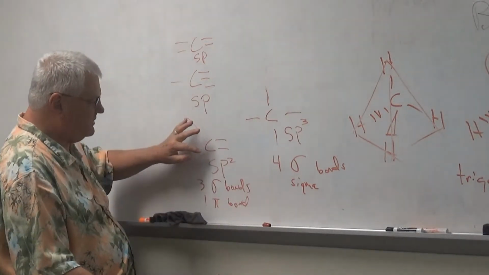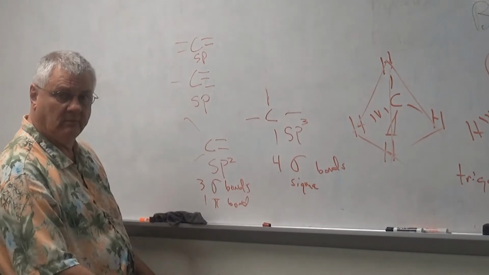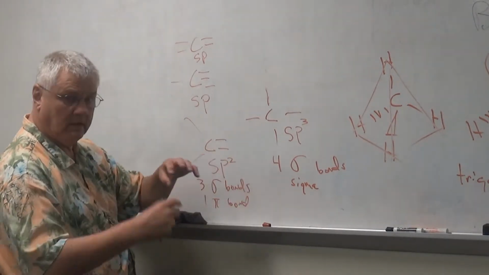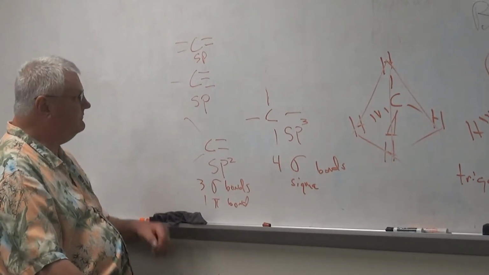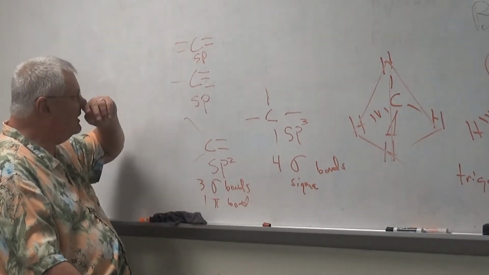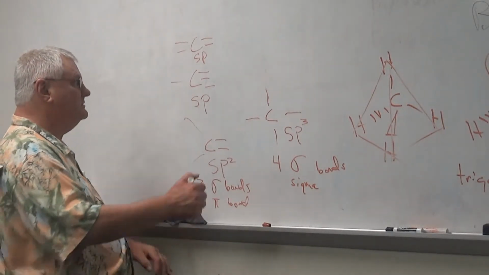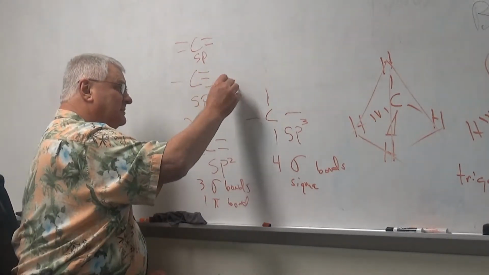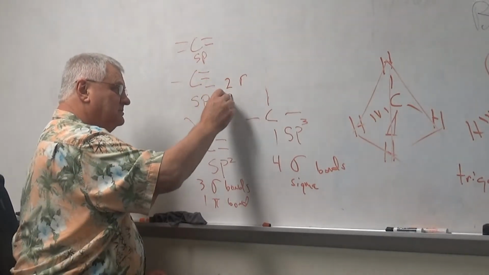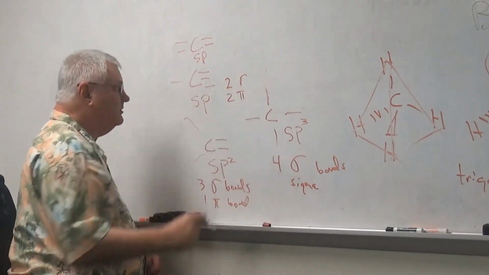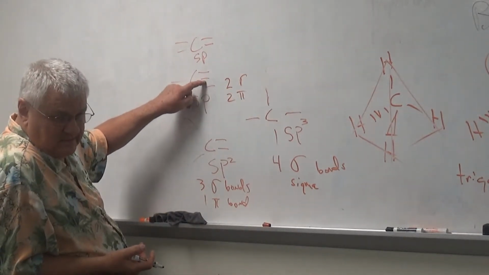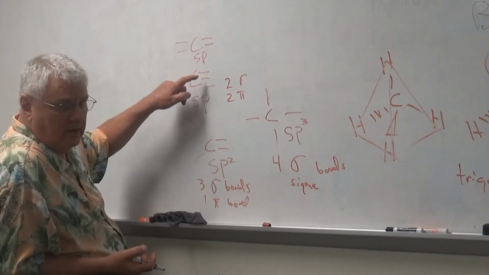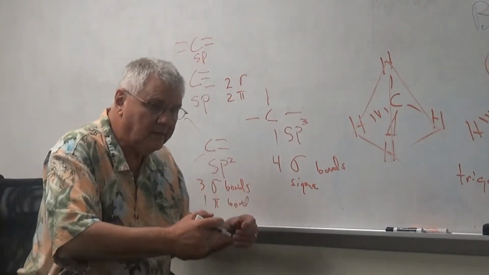So you can't rotate a carbon-carbon double bond the way you can a carbon-carbon single bond. And then if you have a carbon that's sp hybridized in either of these examples, you're going to have 2 sigma bonds and 2 pi bonds. When you're looking at a triple bond, it's got 1 sigma and 2 pi bonds. Okay? Is everybody good on that?